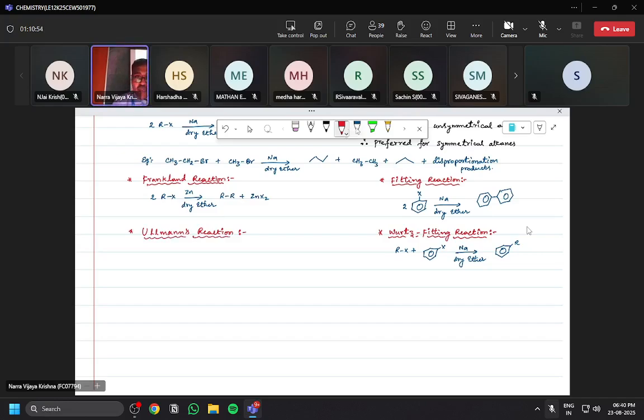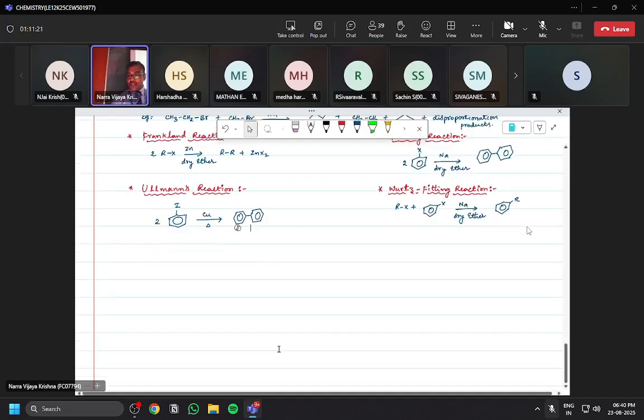So same thing, heated in the presence of copper. Particularly iodoarenes on heating give biphenyls. This is called Ullmann.